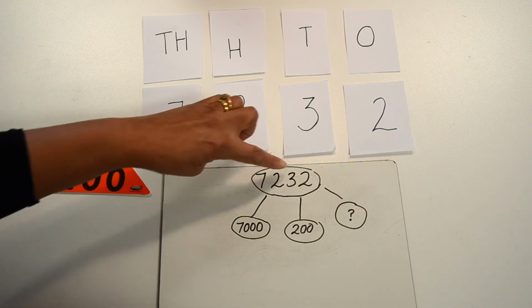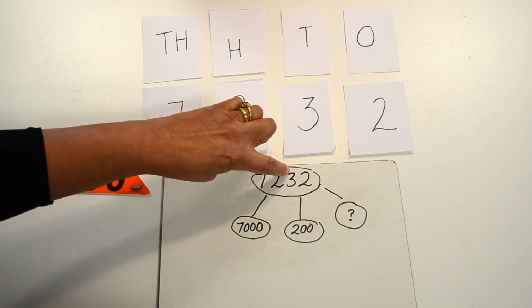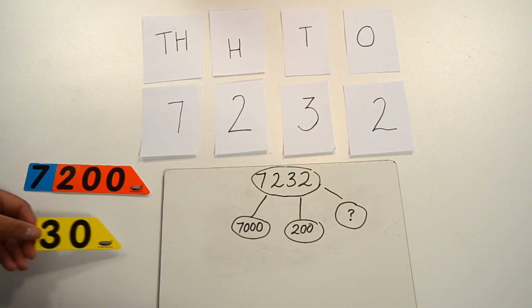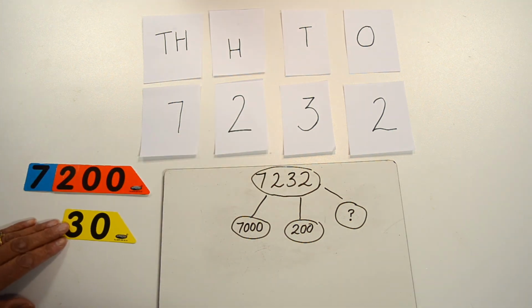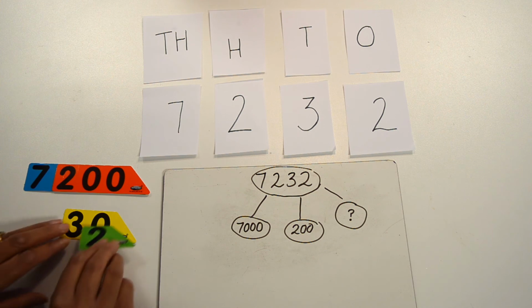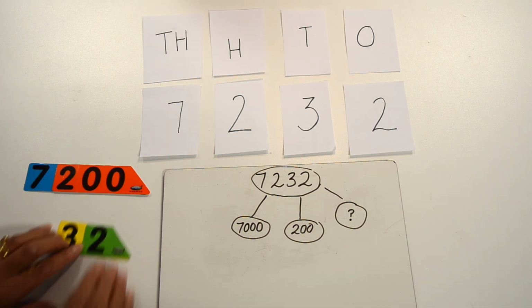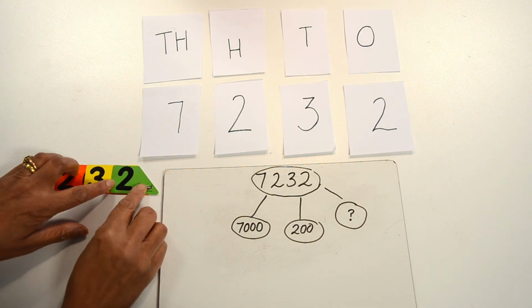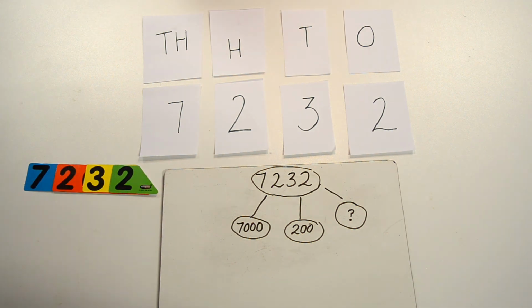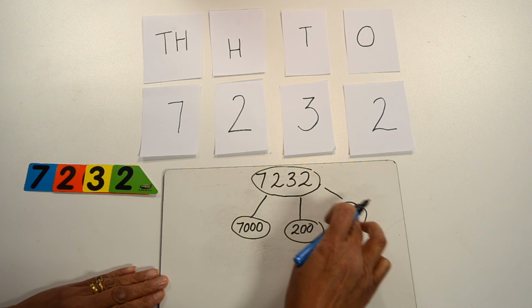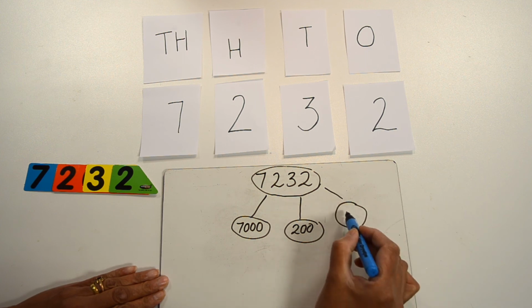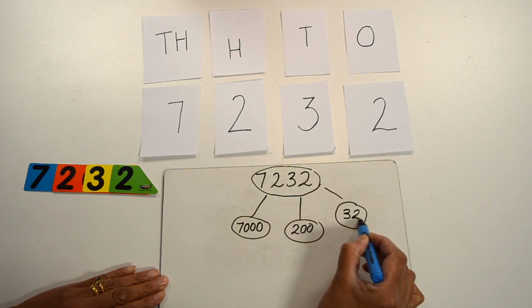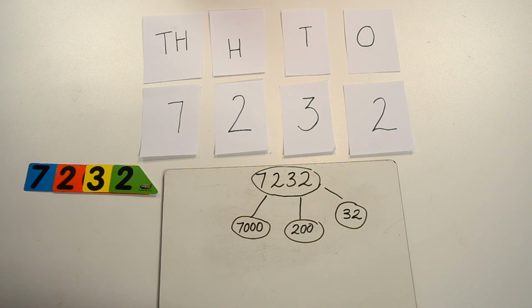Let's have a look at the digit 3. We're missing 3 tens, 30, and 2 ones, 32. So our missing part is 32.